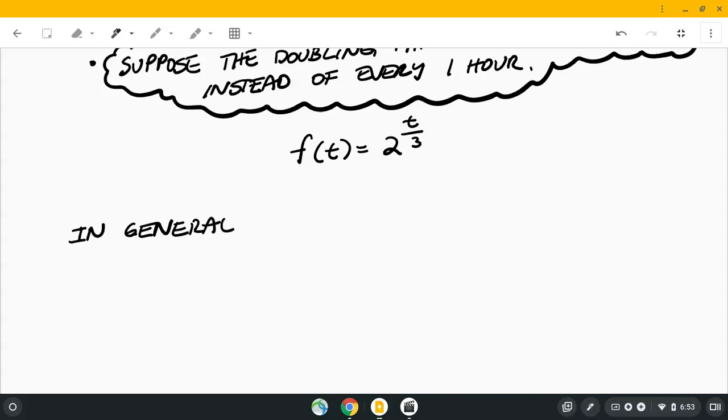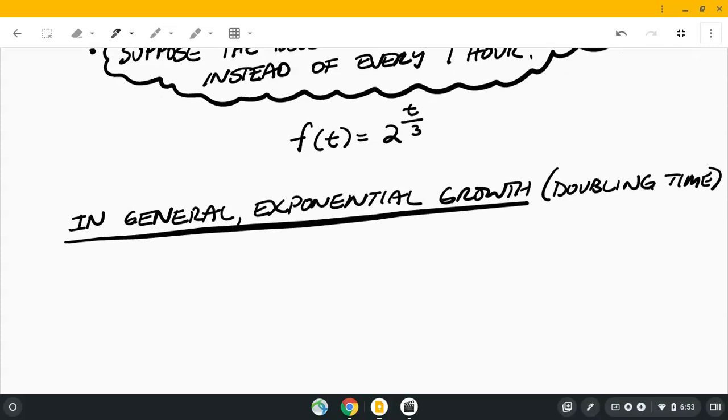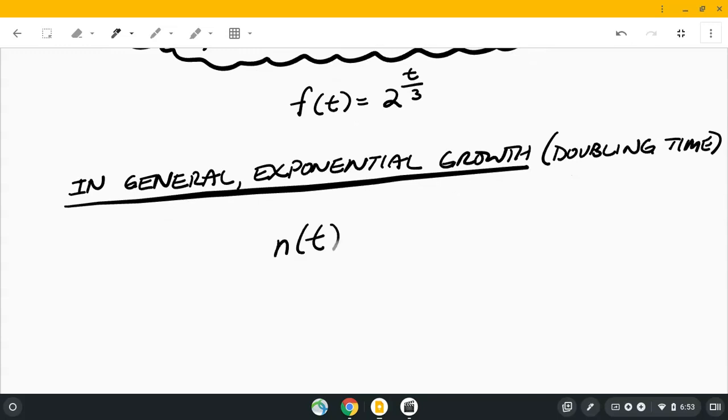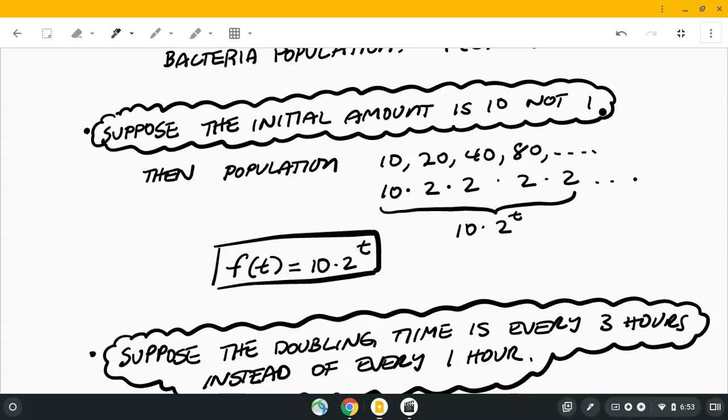so over here, in general, exponential growth with doubling time, we have this function N of t equals... So we saw up above that if you have an initial amount that's something other than 1, then that initial amount got multiplied by all of those powers of 2.